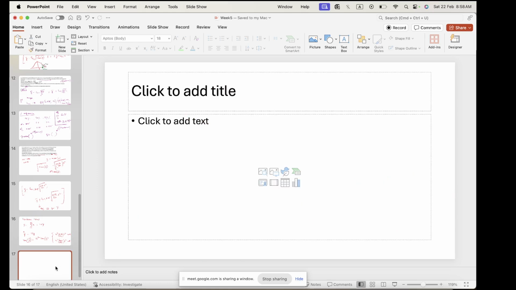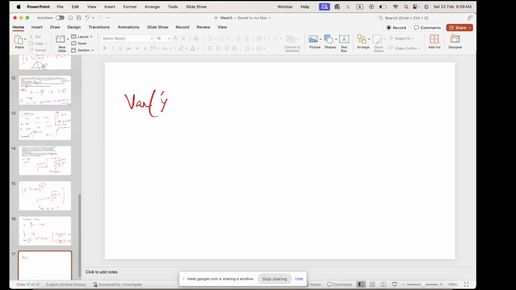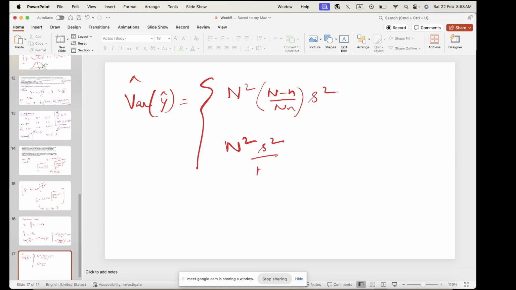And if I want an estimate of the variance, so variance of Y hat is actually then N square (N minus n) by capital N n small s square, and in this case it is N square capital S square by n. This is for WOR and this is for WR.